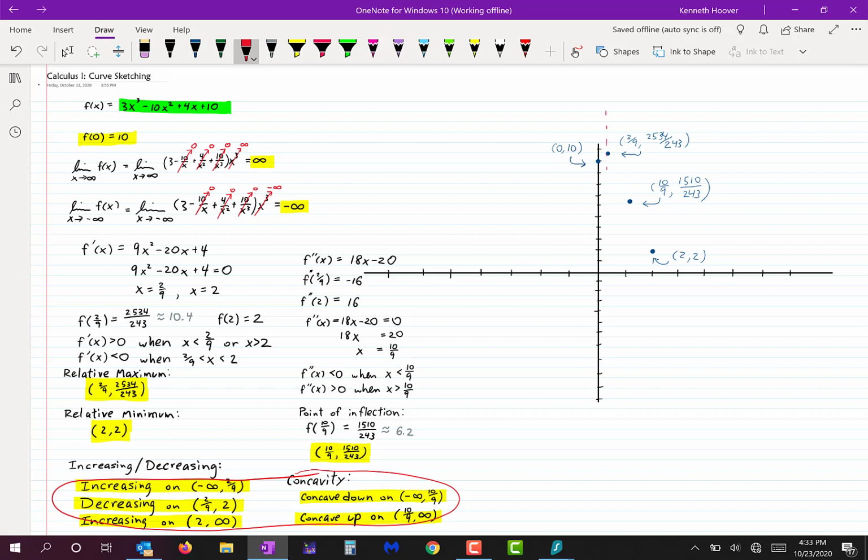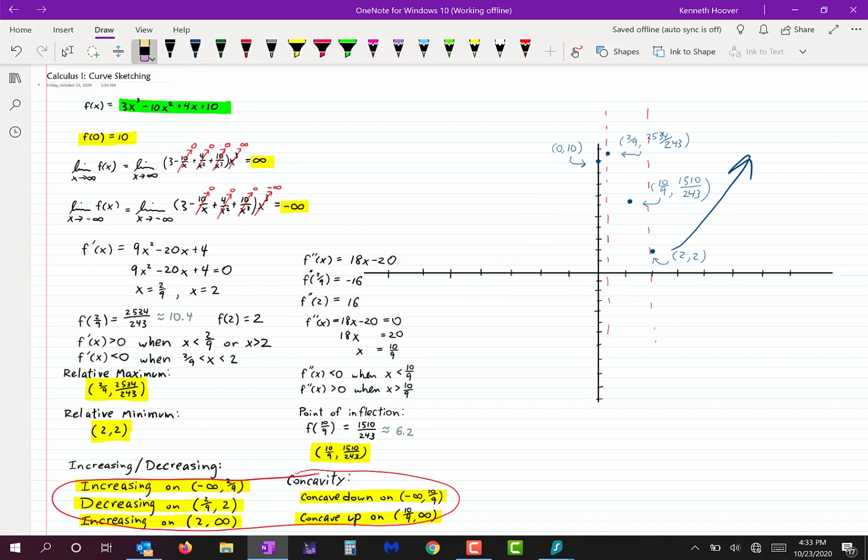It switches here at 2/9, and then it switches again at 2. The function is going up in this area over here. And then in the middle, the function is going to be going down. And then on the right-hand side, it's going to be going up again. That'll be easy to put in there.